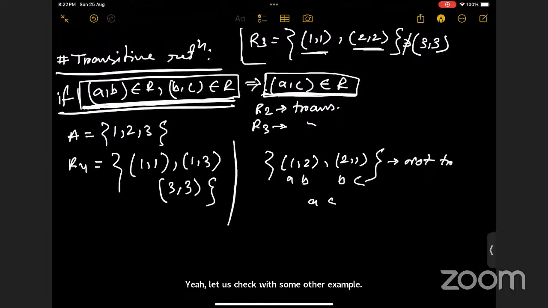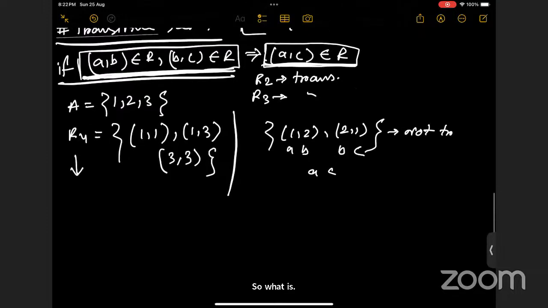So what is the conclusion for R4? Is it reflexive? No, ma'am, it's not, because 2, 2 is not in the set, right?